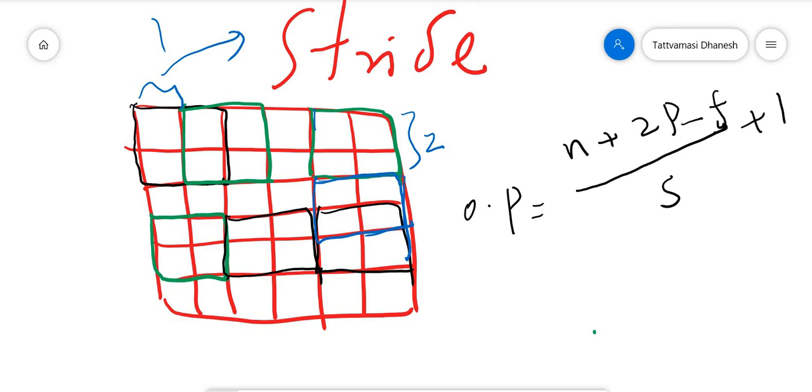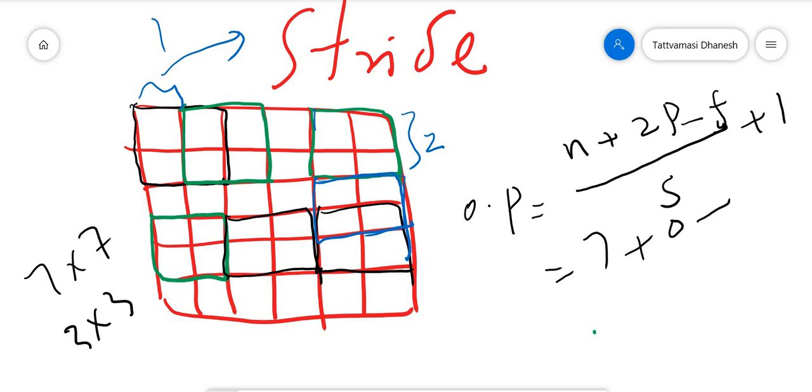For example, if you have an input matrix of size 7 by 7, I have to put n as 7. And padding, if I am not using any padding, is 0. Then the filter, if I am taking it as 3 by 3, then f is 3.